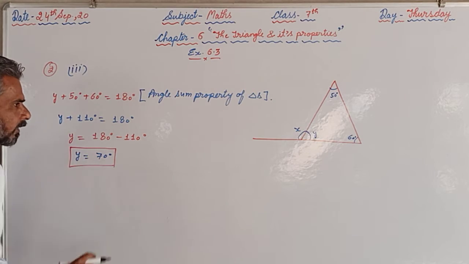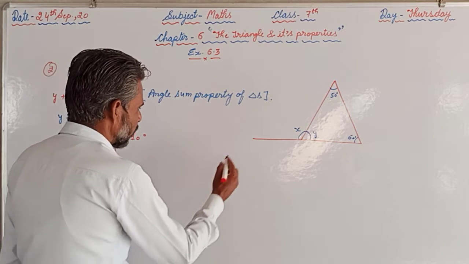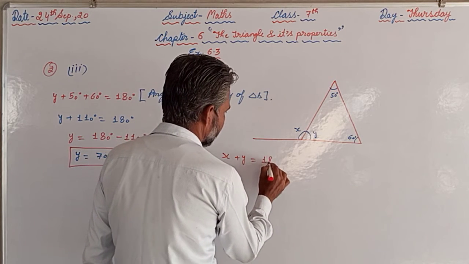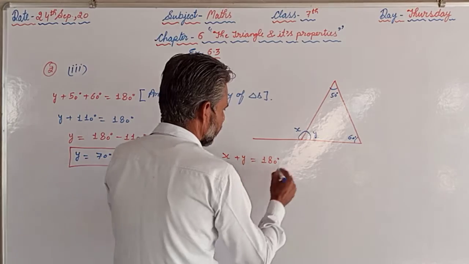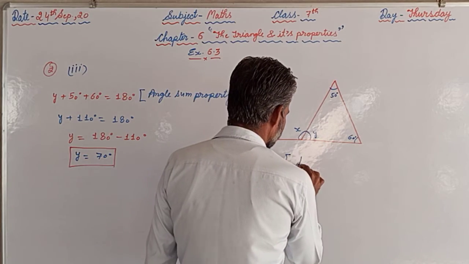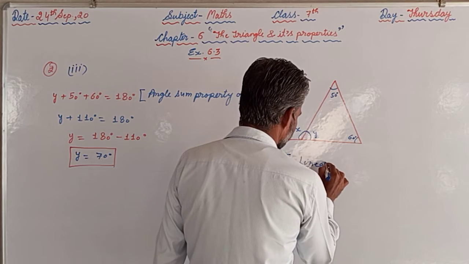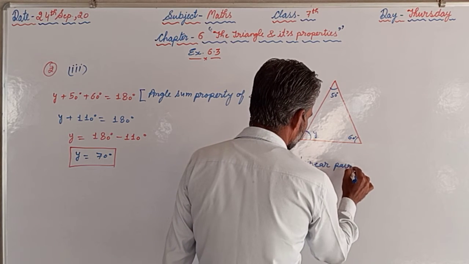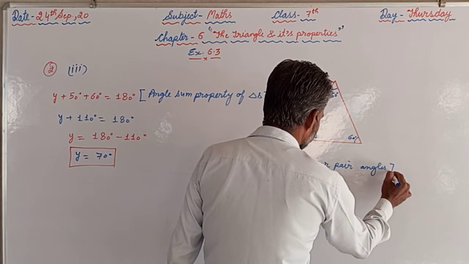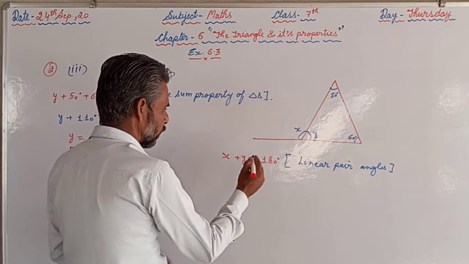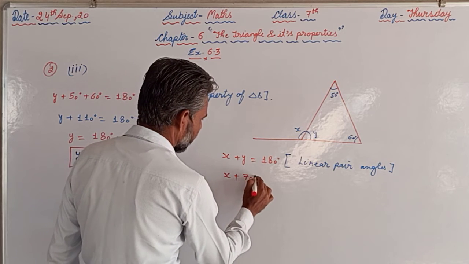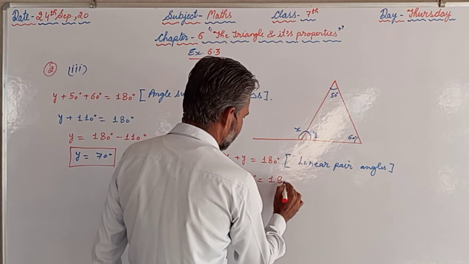So we got the value of y. Now we have to find the value of x. So we can write x plus y is equals to 180 degrees, x and y, these are linear pair angles. And out of this x and y we got the value of y. Value of y is 70 degree, so x plus 70 degree is equals to 180 degree.